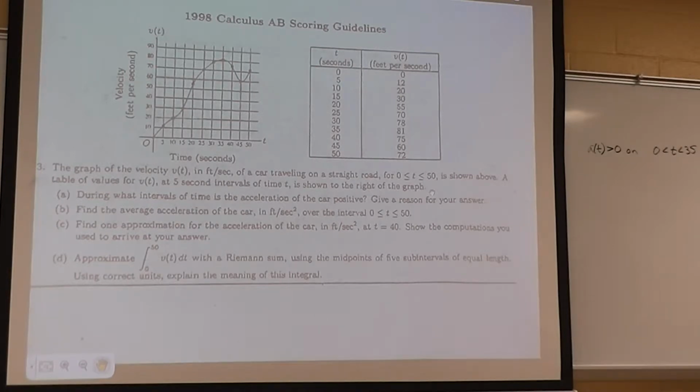Which one do you think I'll have to do? Mean value theorem, because that involves taking the derivative, right? And if I want to find the average acceleration, all I've got is velocity stuff. I'll have to take the derivative to get acceleration. If I had the acceleration function, I could do the average value of the function, but I don't have that. So average acceleration on the interval 0 to 50, all right?